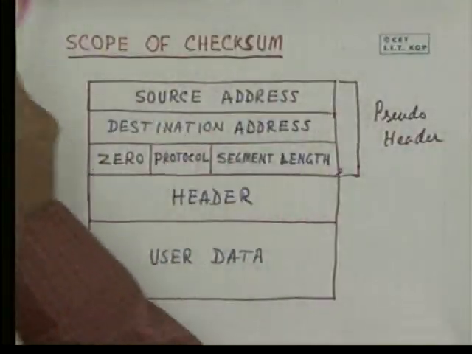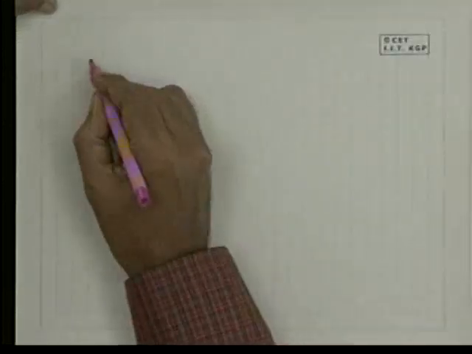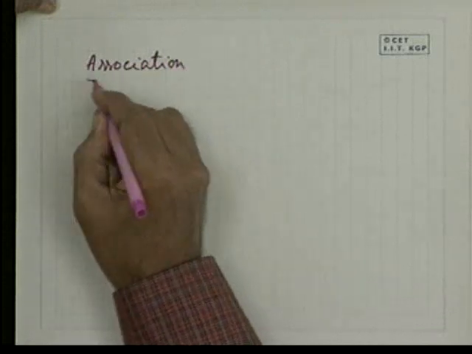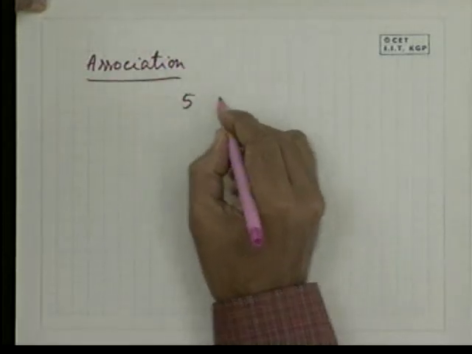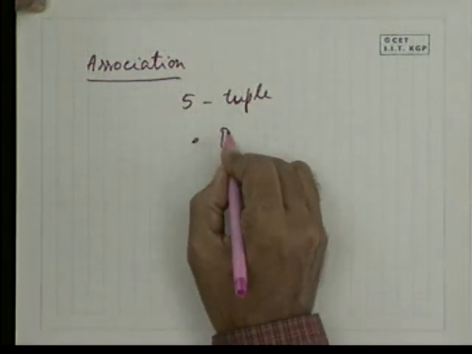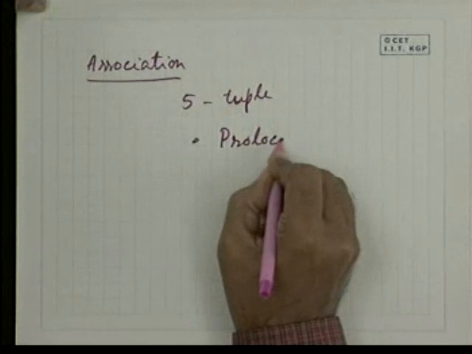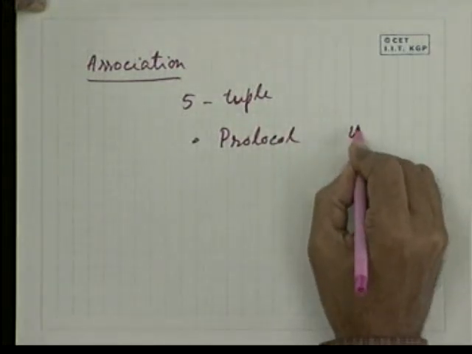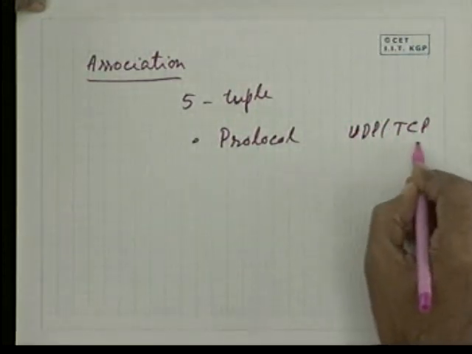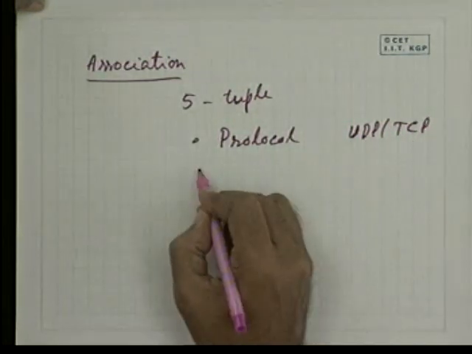but an application program is uniquely defined by 5 components. Or you can say that the association between a pair of applications is done by 5 tuples. These 5 tuples are the protocol. It can be either UDP or it can be TCP. Whatever transmission layer protocol is being used, that has to be stated.